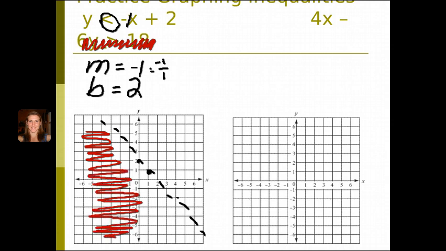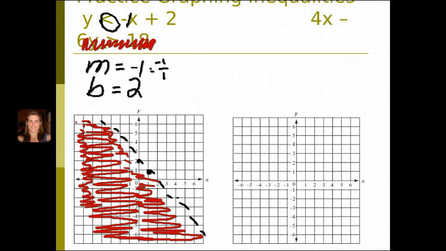So, all the area that is shaded in red would be considered solutions to this inequality. Every ordered pair that could be located within the shaded region would be a solution to this inequality. The boundary line, since it's broken, would not be part of the solution.